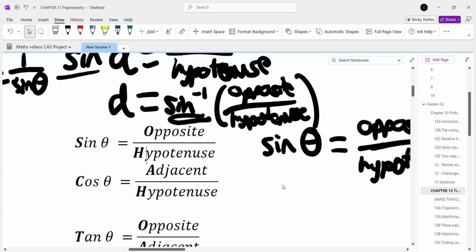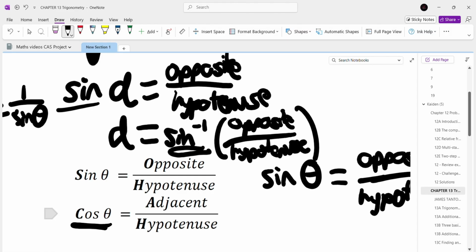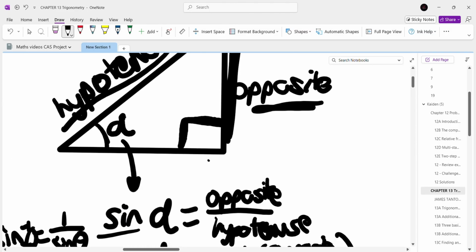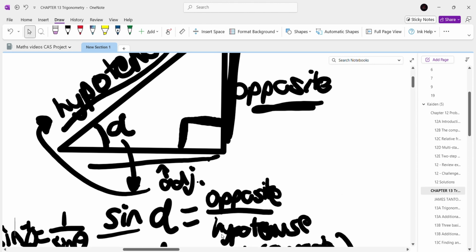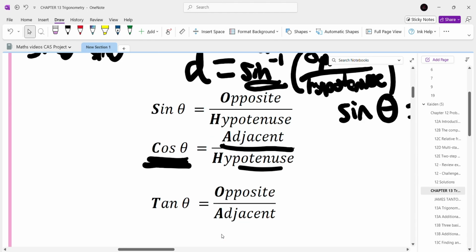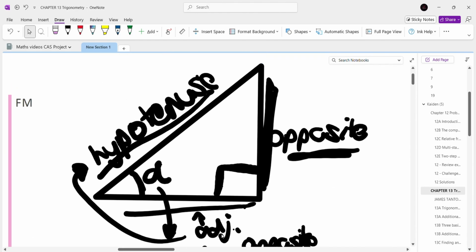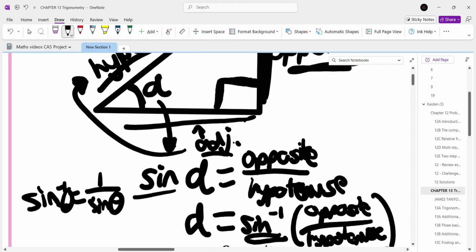This also applies to the cosine function, or cos, which is adjacent over hypotenuse. So it would be this side here, adjacent. To find this angle, all we do is take the adjacent side over the hypotenuse and plug it into the inverse cos function. And same for the tan function, which is opposite over adjacent. So we take the length of the opposite side and divide it by the length of the adjacent side to get this angle.